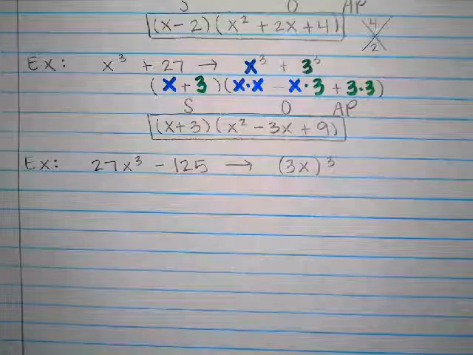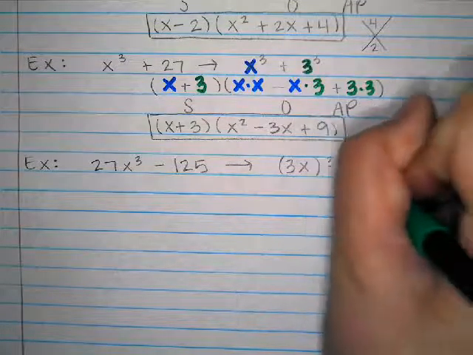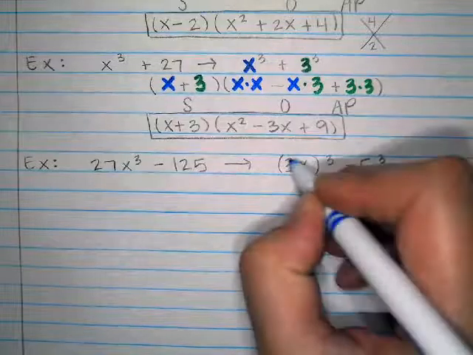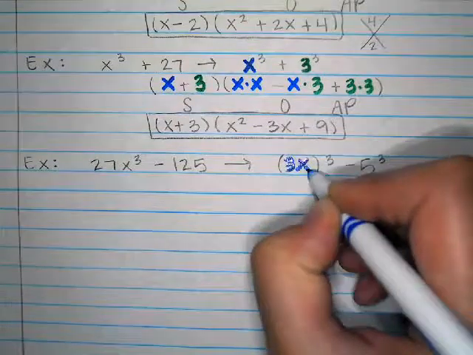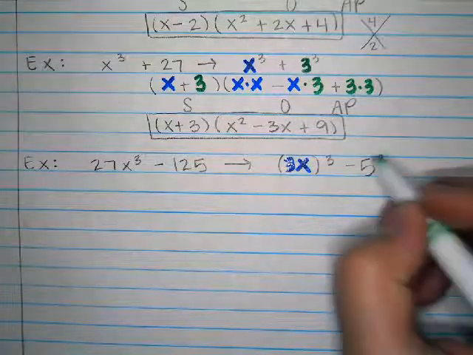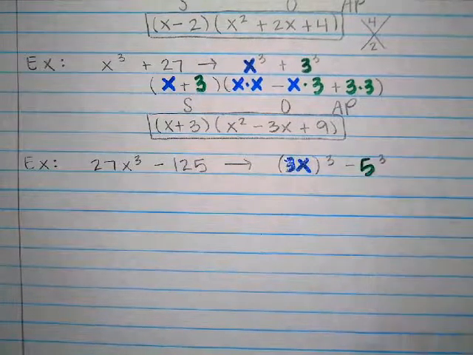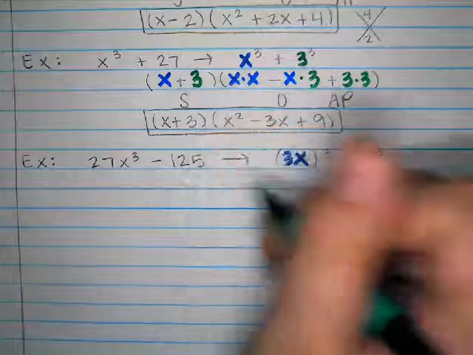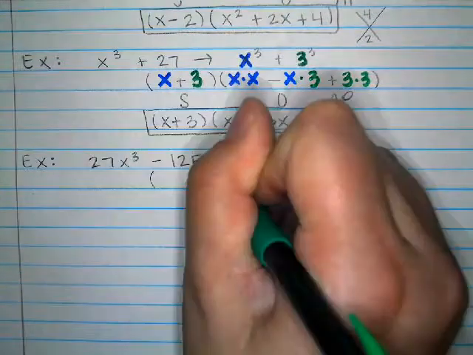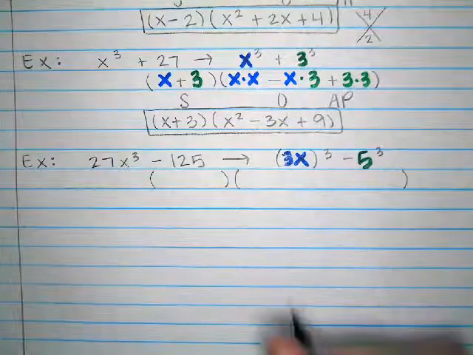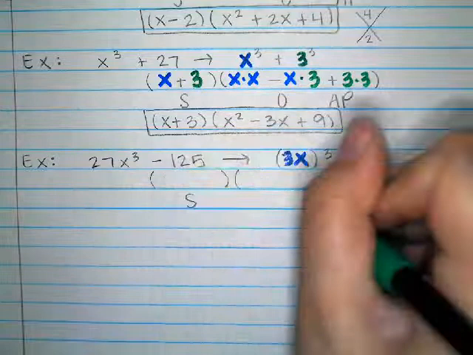So let's take our colors and put our colors in there. So 3x is the first color. And then our second color is going to be 5. Okay. So we have a little set of parentheses and we have a big set of parentheses. And we have S-O-A-P.